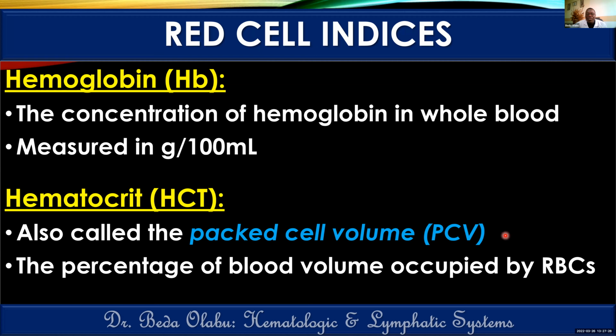So if the packed cell volume is 45%, then maybe the HB is around 15. If the packed cell volume is 30%, then expect the HB to be 10 or around there. HB is approximately a third of the hematocrit. It's not exact, just an estimate.